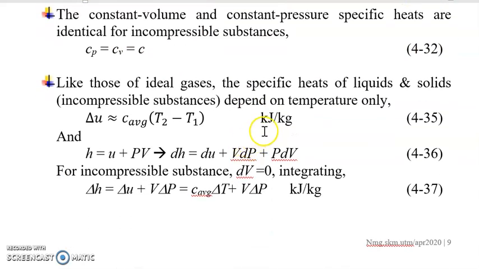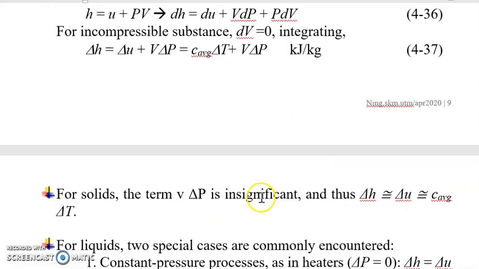Like those of ideal gases, the specific heats of liquids and solids, which are incompressible substances, depend on temperature only. Then H is equal to U plus PV. You take the derivative of the terms for dH, but for an incompressible substance dV is equal to 0, and when you integrate, you get 437.